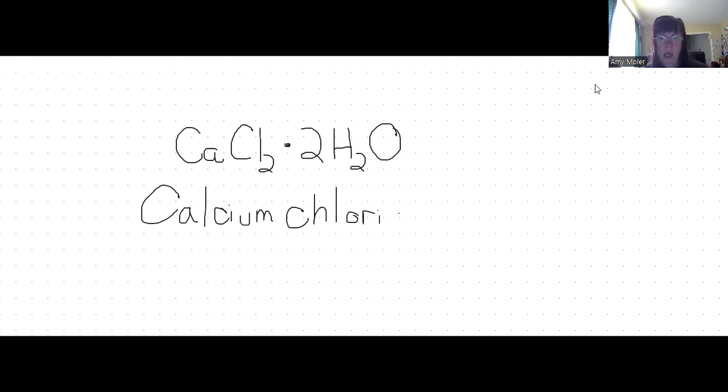Those water molecules make it a hydrate. And yes, there is a paragraph about this in your lab book. In your textbook, it's in a different spot. It's not in chapter 2. We're going to call this dihydrate because we're going to use the same prefixes that we used for the non-metals, but we're going to attach them in front of the word hydrate.